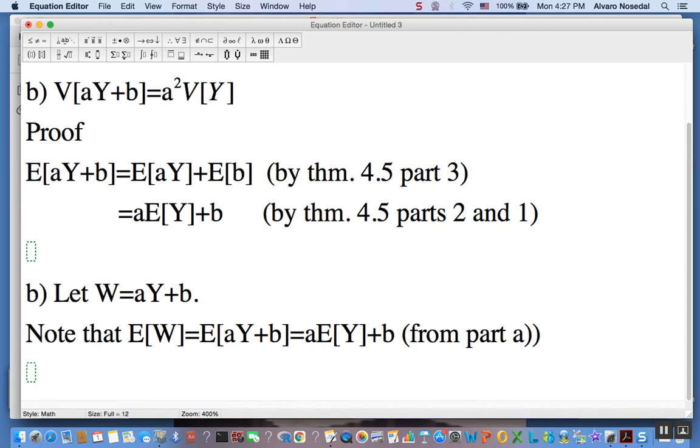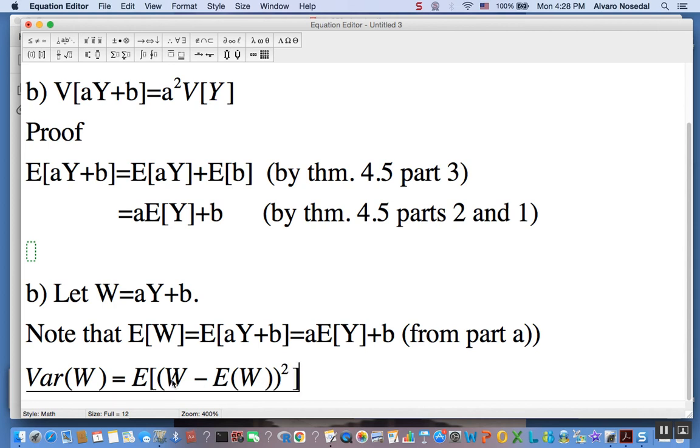So the variance of W, by definition, is the expected value of W minus its expected value, the whole thing squared. That's the definition of variance, right?